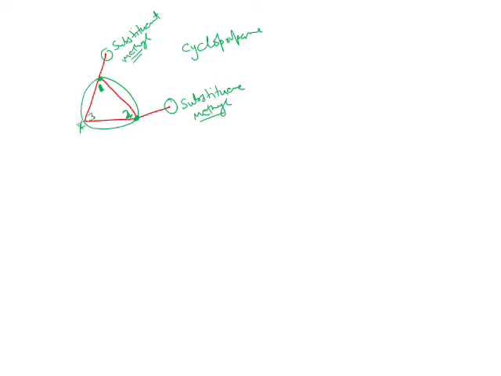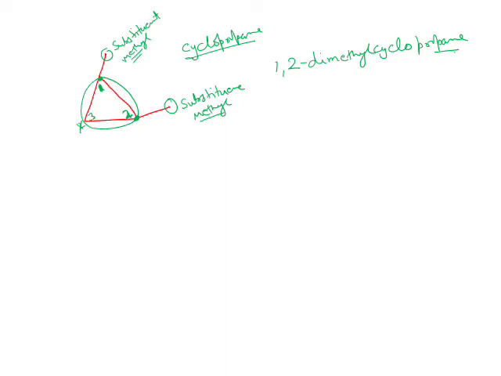So I can write the name as 1, 2, because 1 and 2 have the substituent and both substituents are same. Dimethyl cyclo, then the parent name, propane. So this is one example.